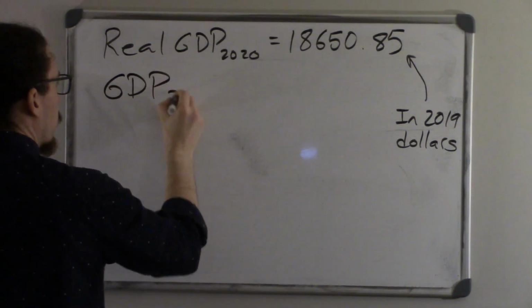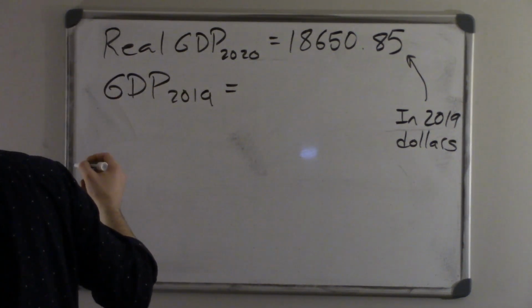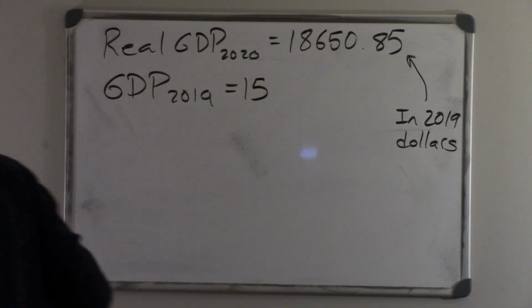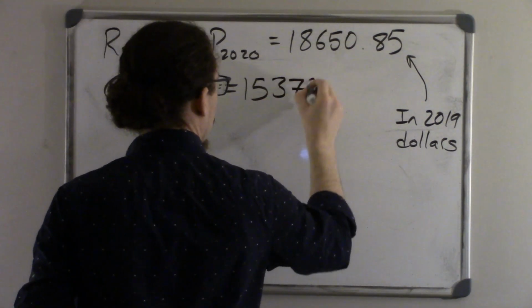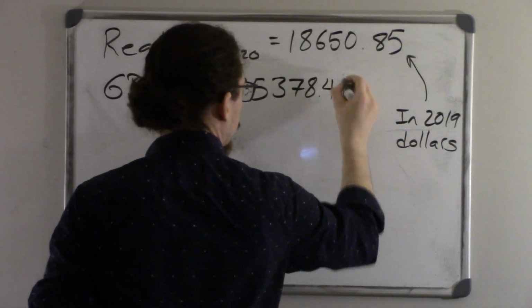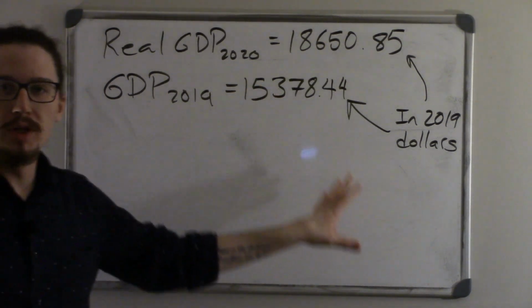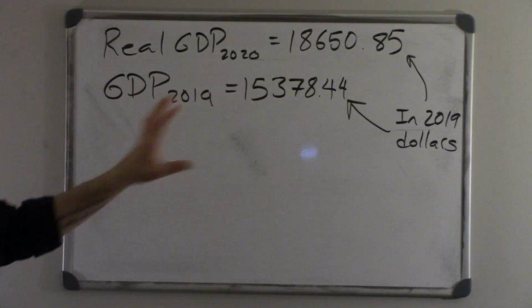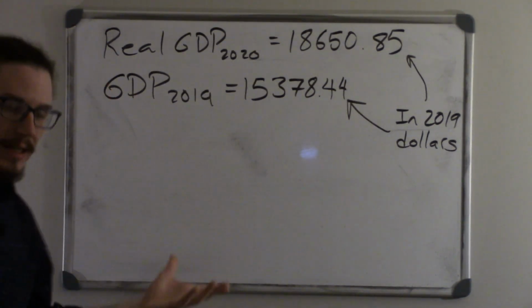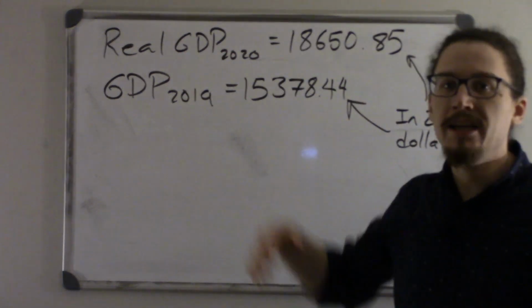2019 dollars. Luckily for us, the nominal GDP for 2019 is also in 2019 dollars, and that was 15,378.44. So these are both in 2019 dollars, so we can go ahead and calculate a real GDP growth rate.